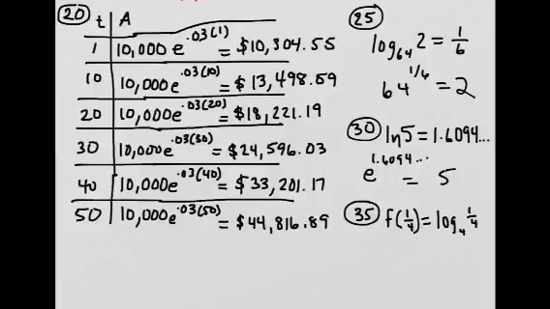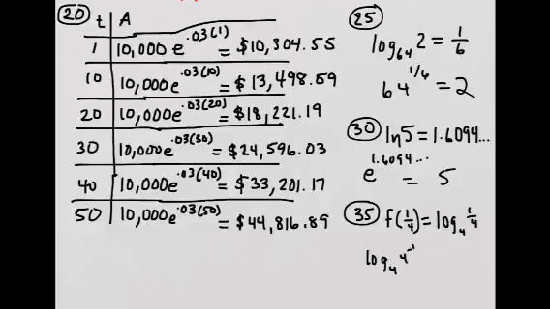So for 35, they want you to evaluate the function without a calculator. So for 35, x is 1/4, and that is why I put it here. Okay, and then it said f of x equals log base 4 of x, so I replaced the x with 1/4. I could write the 1/4 like this: log base 4 of 4 to the negative 1, that's 1/4, right?